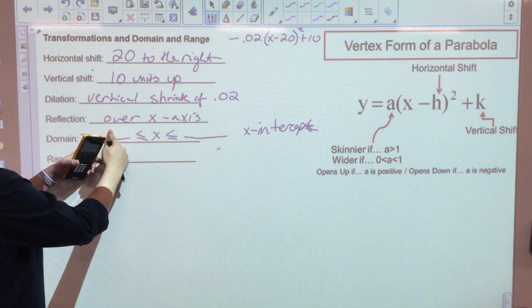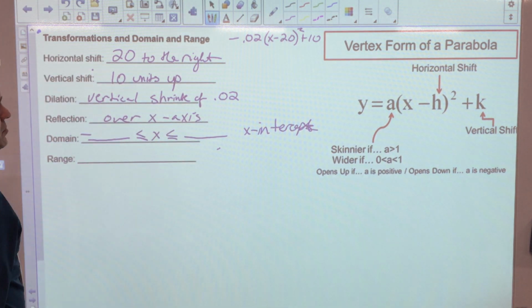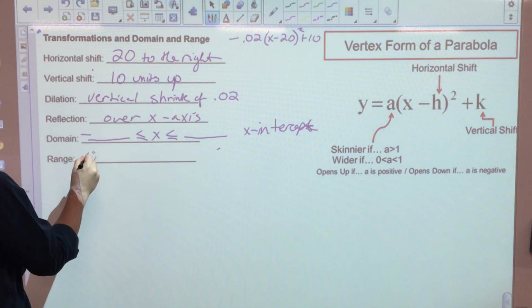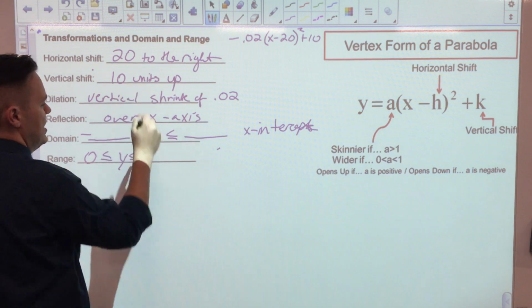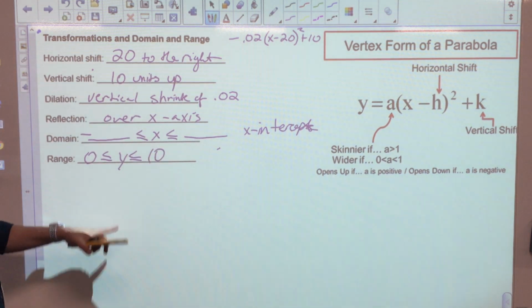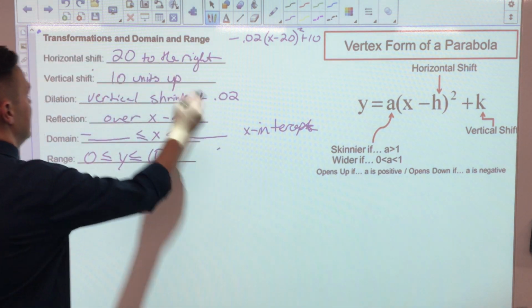If I did, I'd have some negative number less than or equal to x, less than or equal to that number. I do, however, have the range. It is going to be that, and then my shift up is 10. So that is my range. The only thing I can't find is domain. If you graph it, please make sure you get that part.